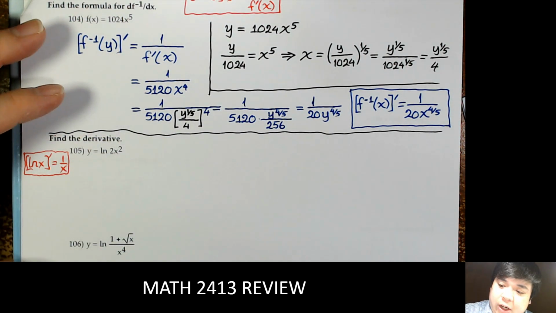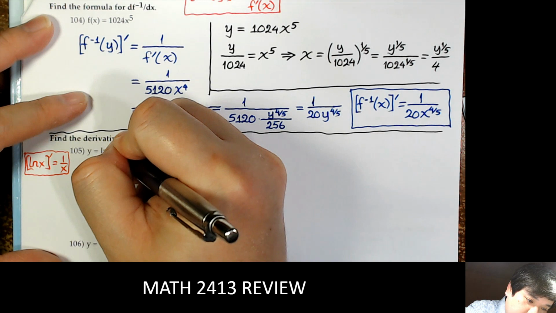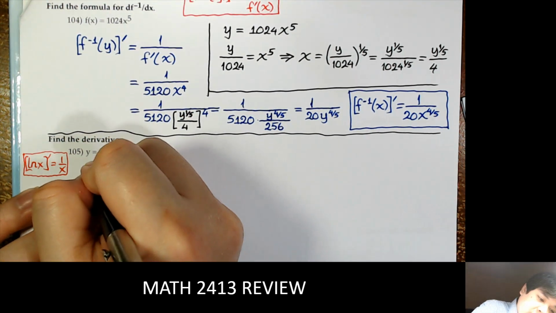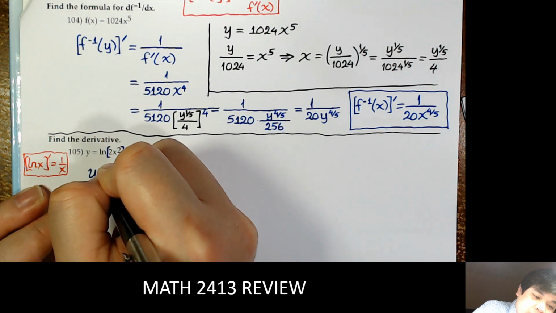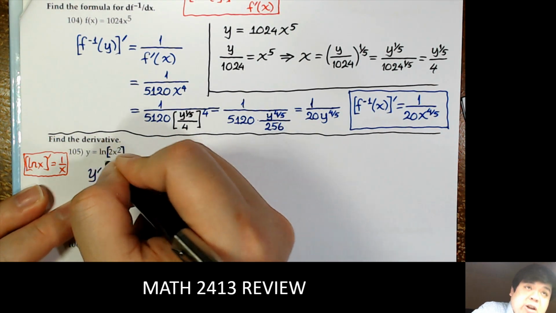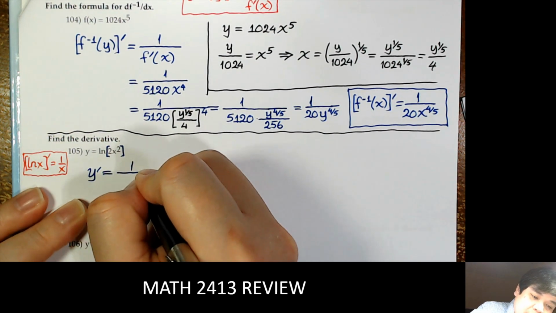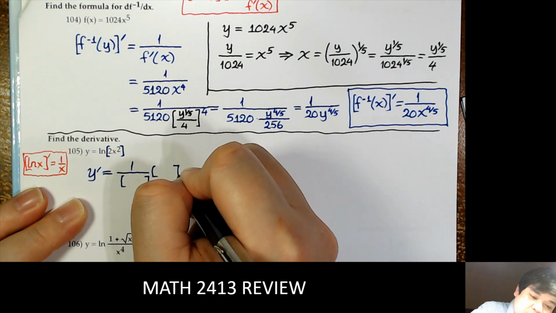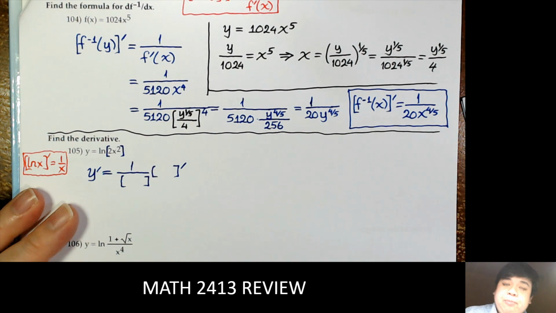Here, if we put a bracket around this, we take the derivative using the chain rule. The derivative of ln of something is 1 over that bracket, and then the derivative of that bracket, no matter what is inside.